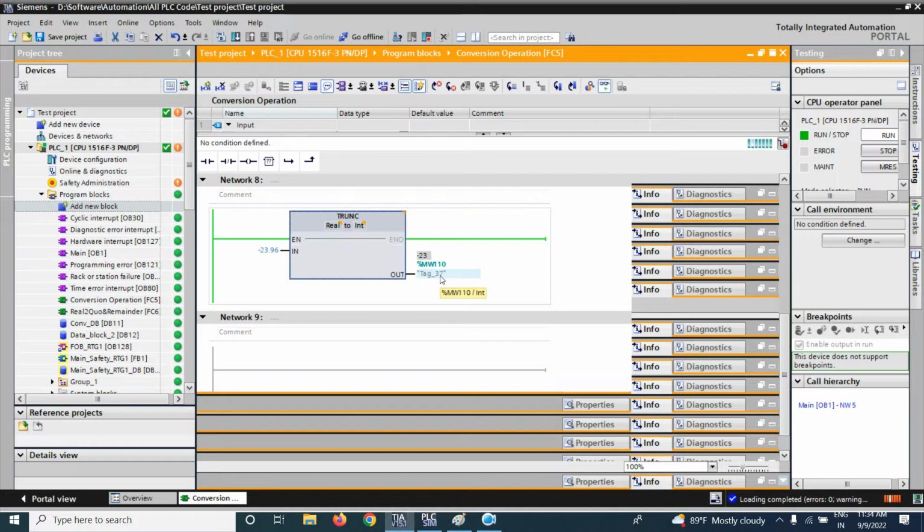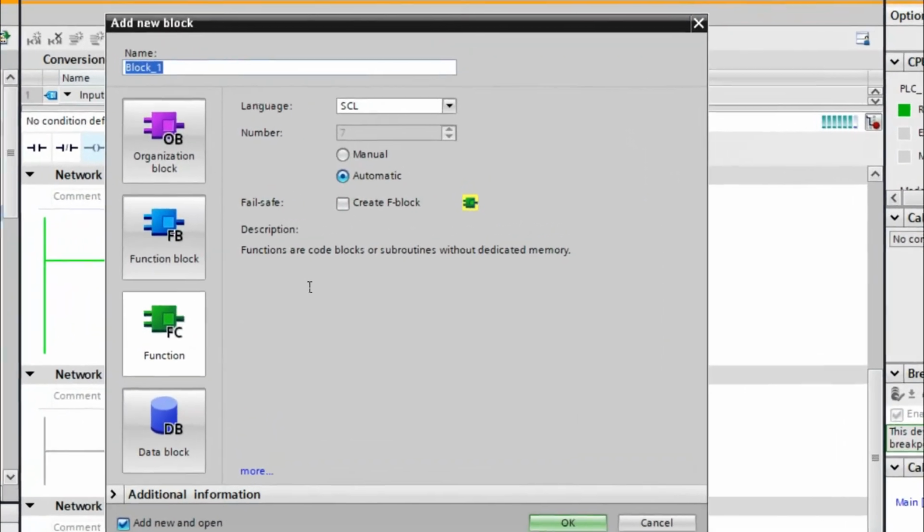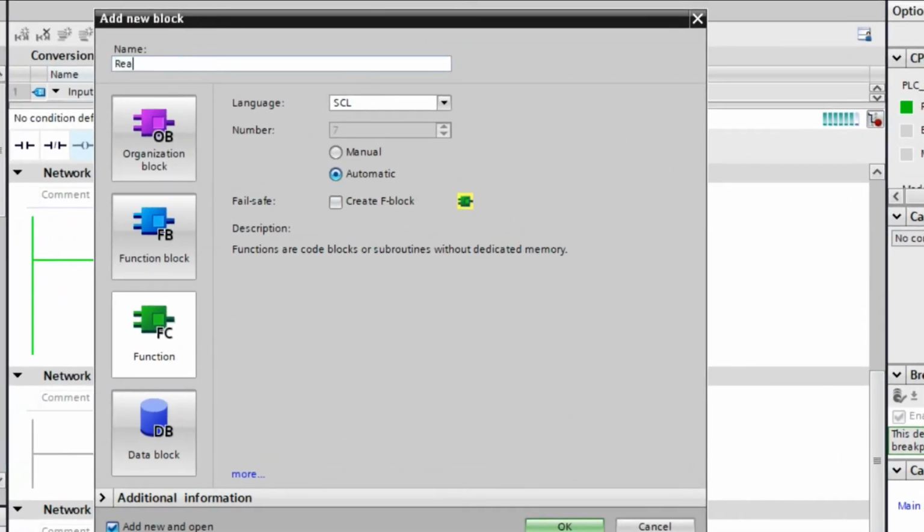Here I will add a function, remainder in real. I also make it in SL language.